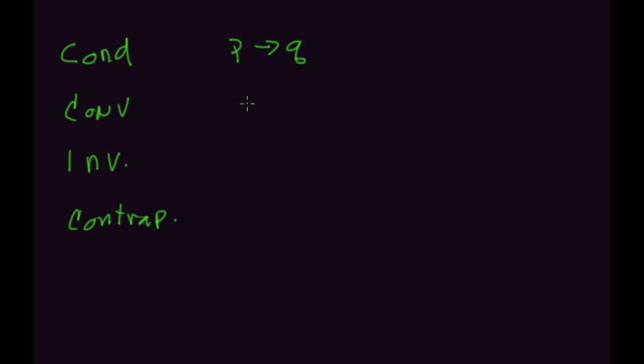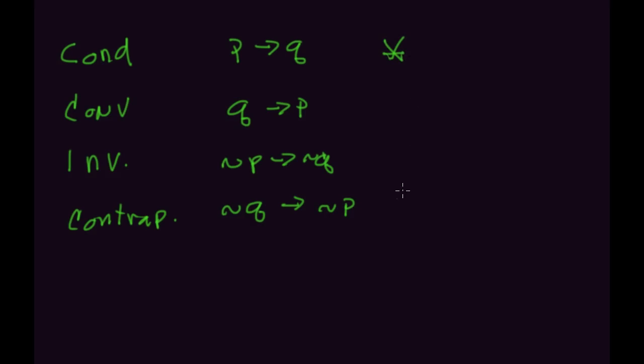All right, so let's do a quick summary of this. You have 4 types of statements. You have the original conditional, the converse, the inverse, and the contrapositive. The conditional is if P, then Q. The converse switches the Q with the P. The inverse just negates both the P and the Q. And the contrapositive does both switching and negating.